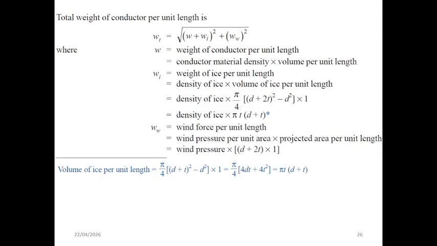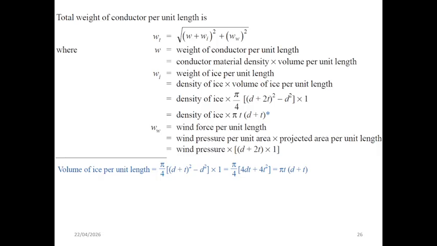By considering the geometry of the ice layer, we can derive that the volume of ice per unit length is proportional to pi over 4 times t times (d plus t), where d is the conductor diameter and t is the thickness of the ice coating.